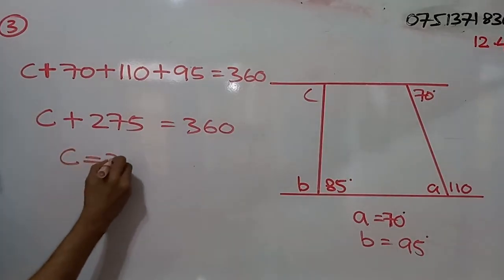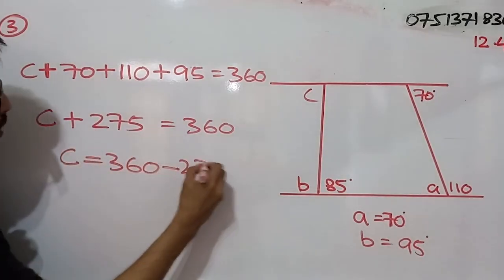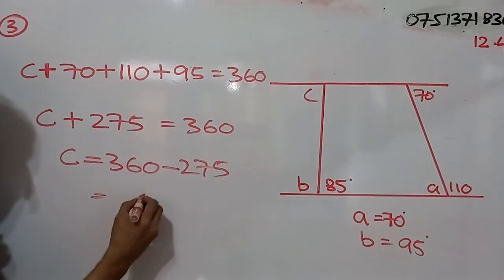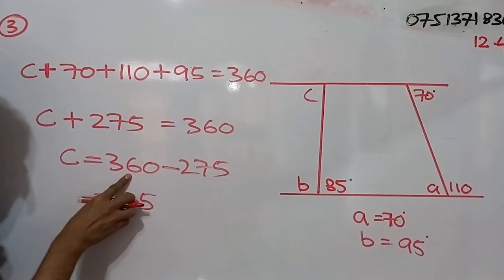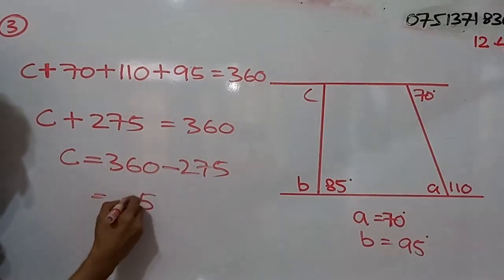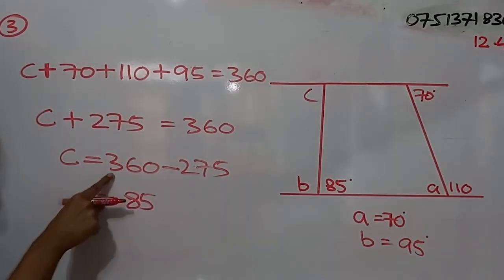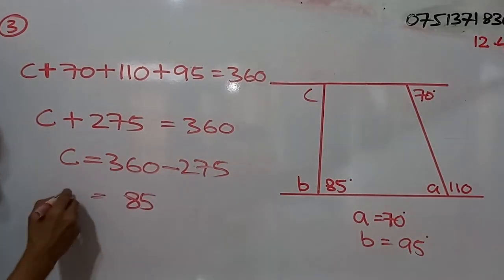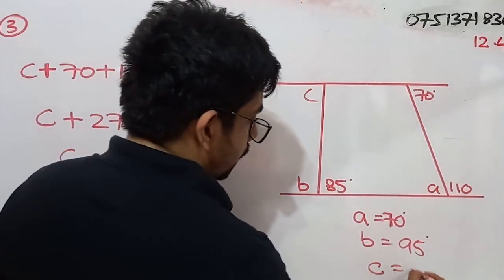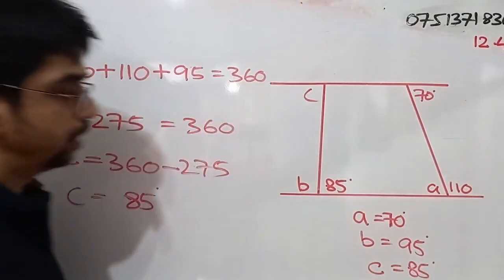So C is equal to 360 minus 275. 0 minus 5 we can't do. 10 minus 5 is 5. The remaining digit is 5. 5 minus 7 we can't do. 15 minus 7 is 8. The remaining digit is 2. 2 minus 2 is 0. So C is 85. So the value of angle C is 85 degrees.